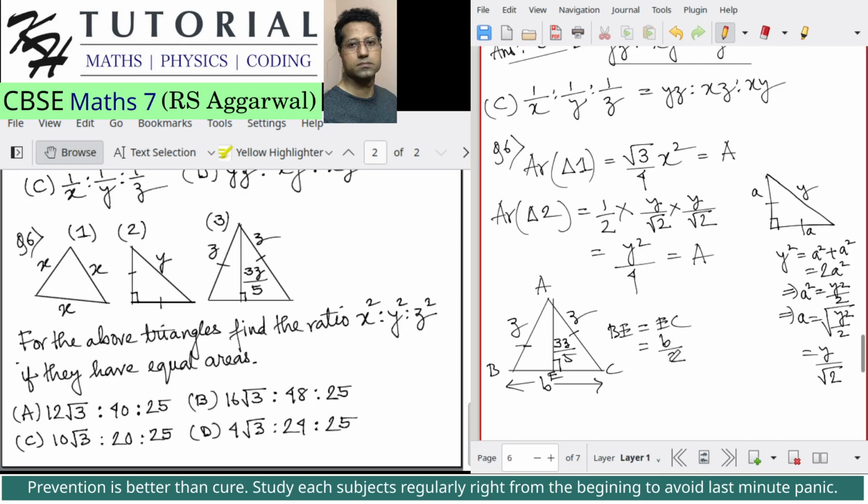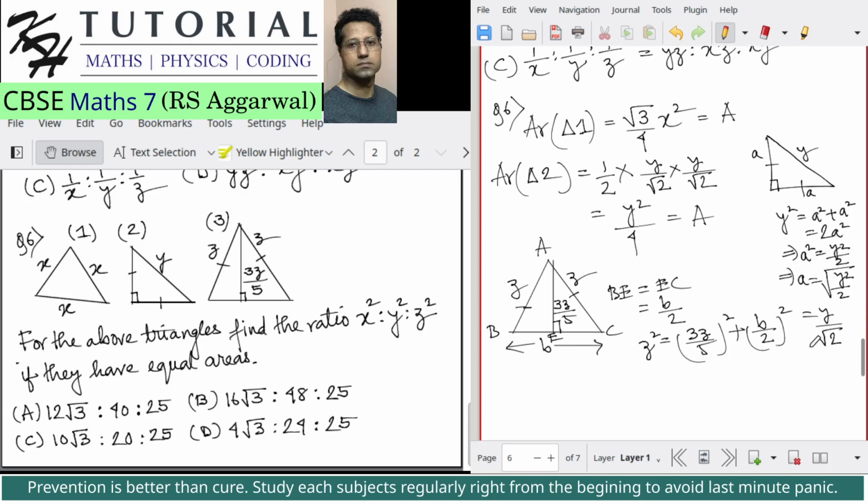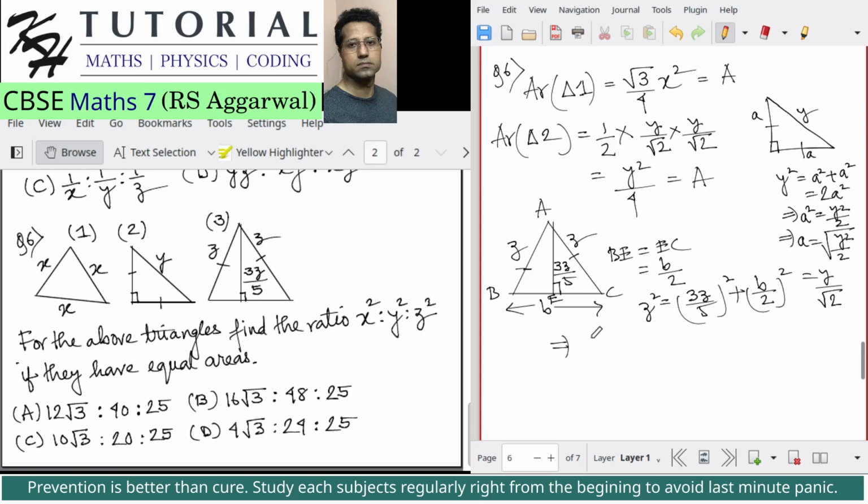Now from Pythagoras theorem, I will have z square is equal to the height AE, given to be 3z by 5, square, plus BE square, which is b by 2 square. From here I can find b. So this is equal to 9z square by 25 plus b square by 4.